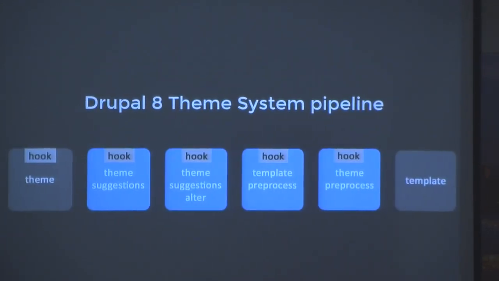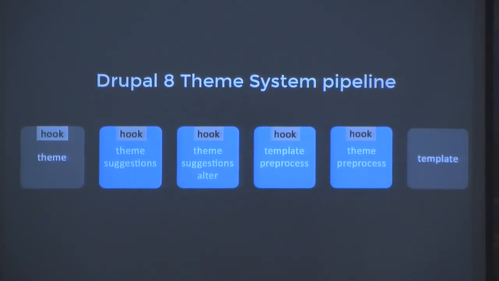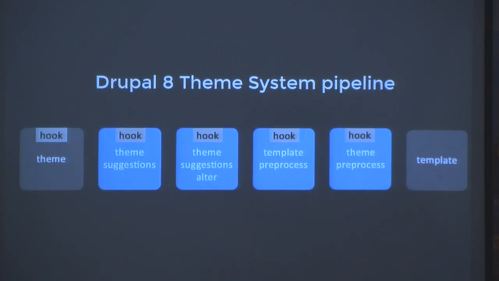So let's start with the topic itself, the theme system. Here are the basic steps of the theme system. I'm going to cover them first, how this works in Drupal 8. This is very similar to what Drupal 7 has. There are small differences, but in most parts it's the same as in Drupal 7.